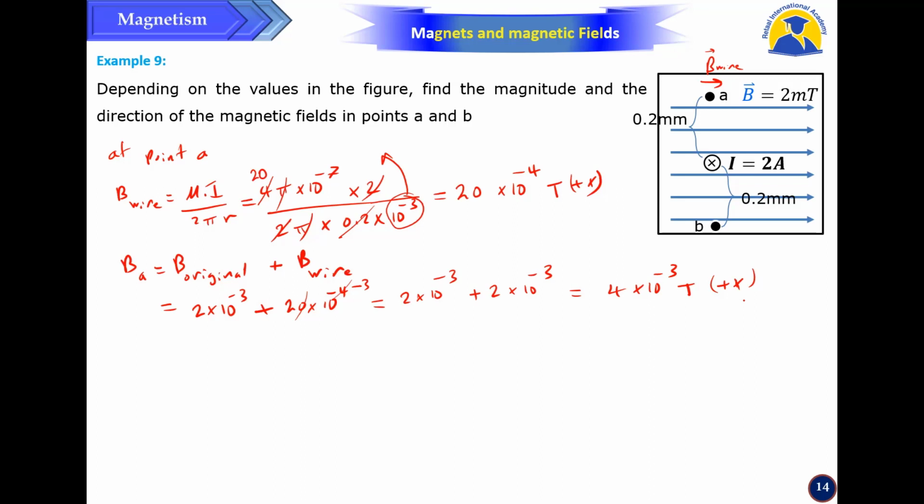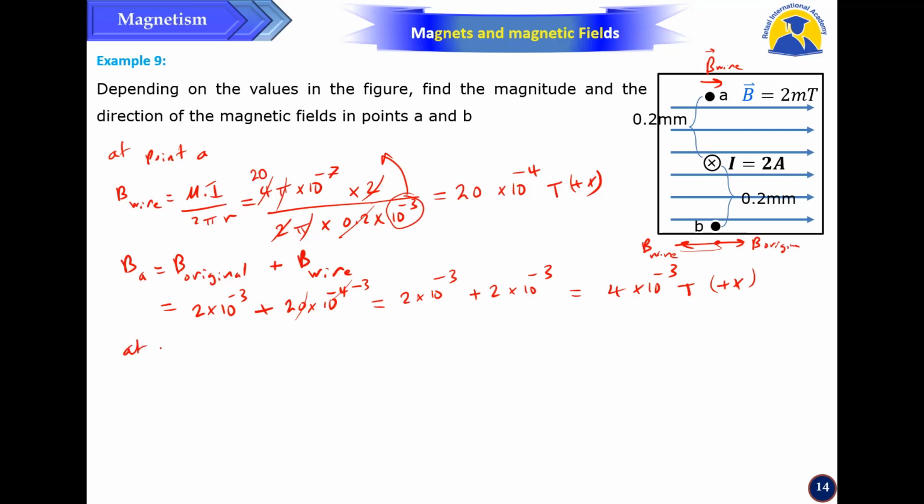For point B, the original direction of magnetic field is to the right. This one B original. And the direction of magnetic field from wire will be to the left. So this one B wire. So here we need to subtract the two magnetic fields from each other.